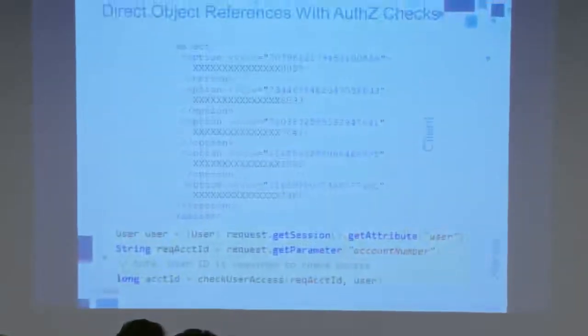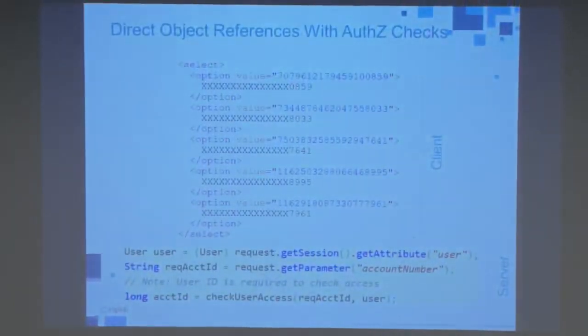So, direct object references with authorization checks. Let's take a look at what the client sees and what the server-side code looks like for verifying one of these references when it comes back, assuming that we're doing things properly. On the client side, whenever we have some sensitive data, as far as the things that are displayed to the user, we'll want to mask it.